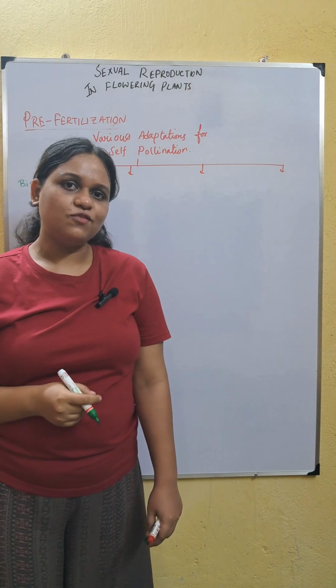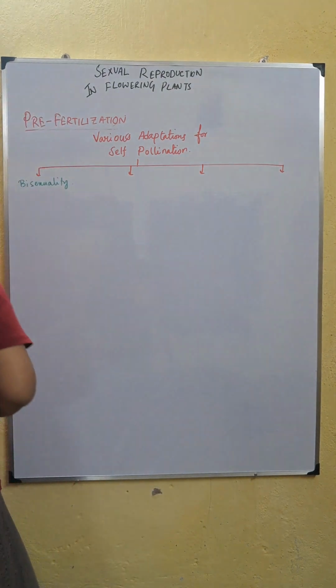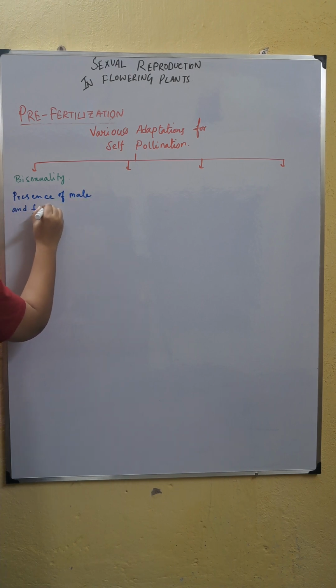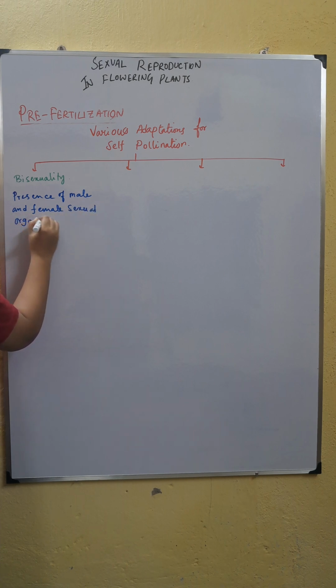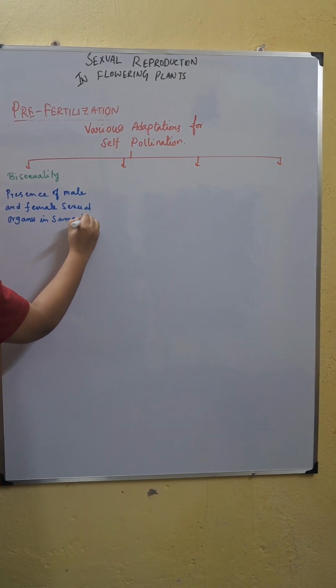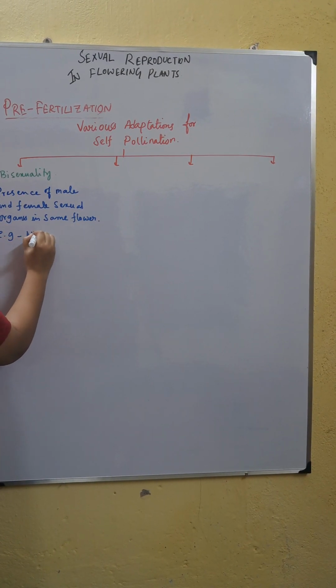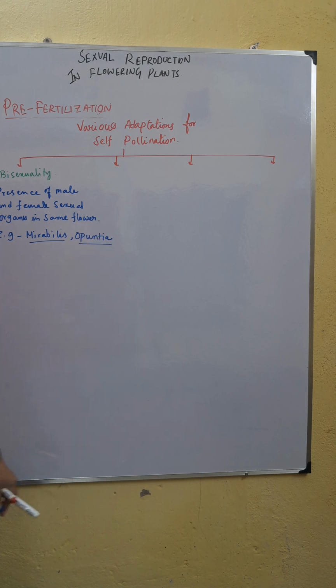Bisexuality means presence of both male and female sexual organs in the same plant, in the same flower. For example, Mirabilis and Opuntia.